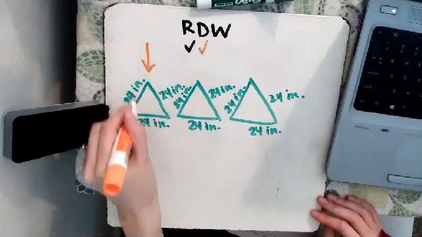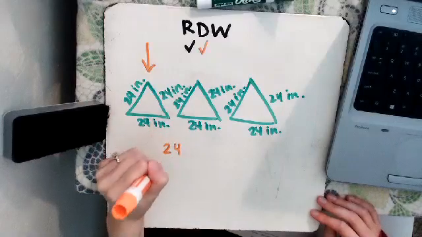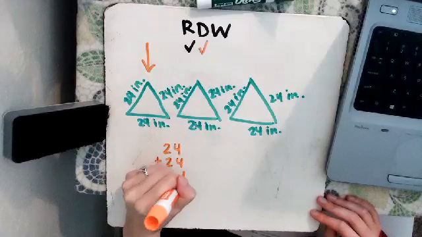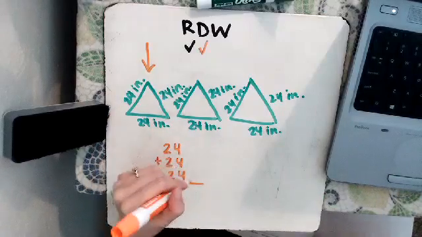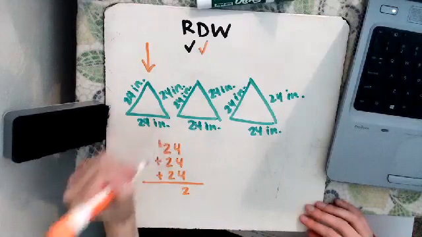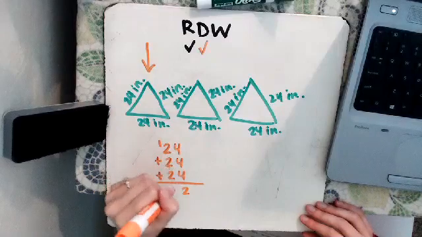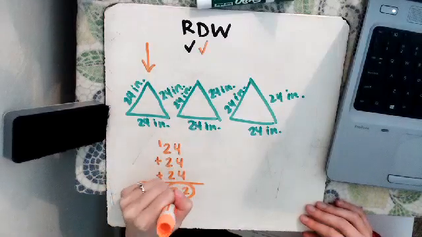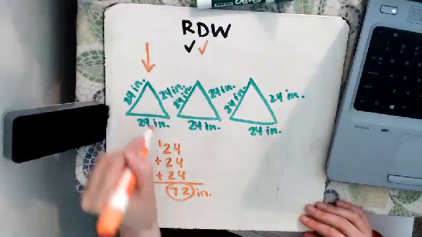So I have 24, 24, 24. 24 plus 24 plus 24. 4 plus 4 is 8, plus 4, 12, carry the 1. 1 plus 2 is 3, plus 2 is 5, plus 2 is 7. So the perimeter of 1 flag is 72 inches.